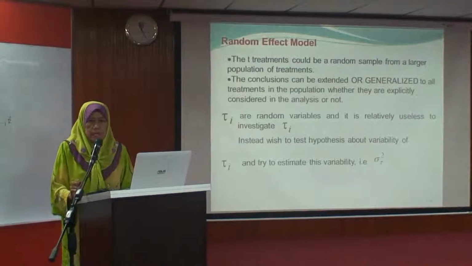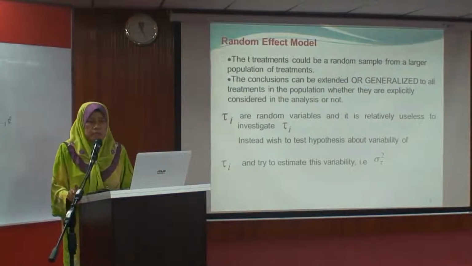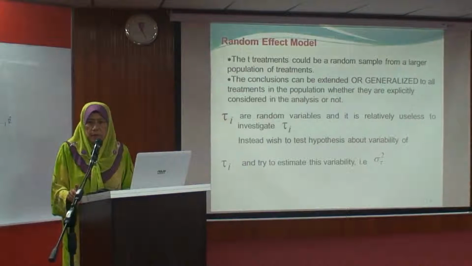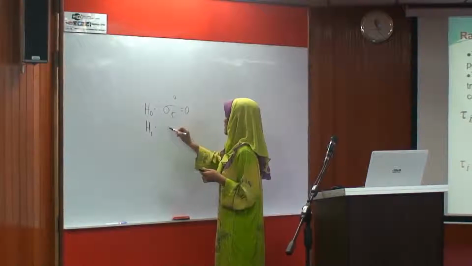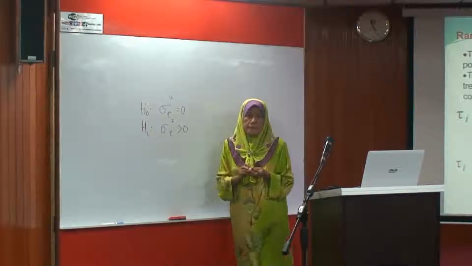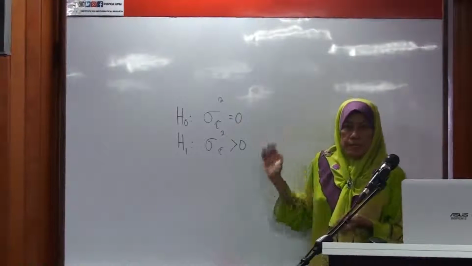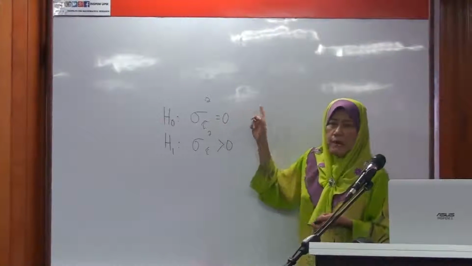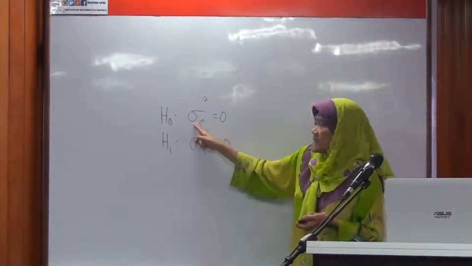Okay, so now look at how I state the hypothesis for the random effect model. I do not state the hypothesis in terms of tau or in terms of mu, but sigma squared.